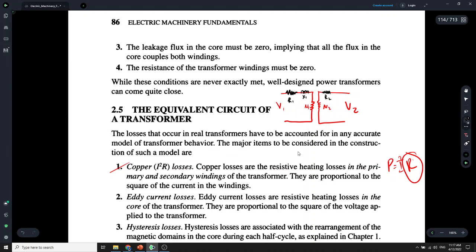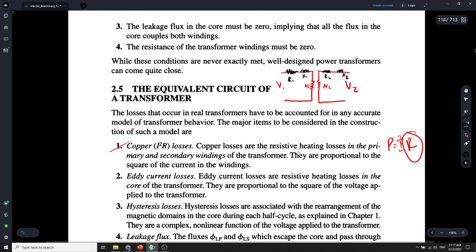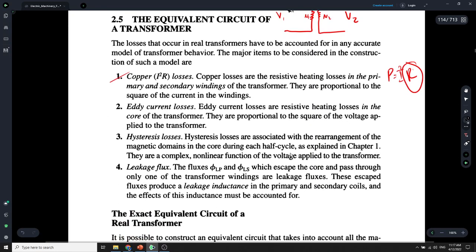So this is X1 and this is X2. Now we have covered the copper losses and also the flux leakage. And then how about the eddy current and hysteresis losses?